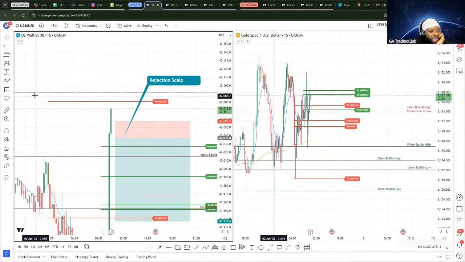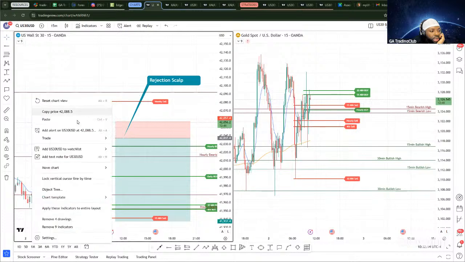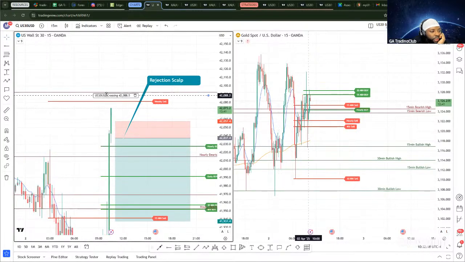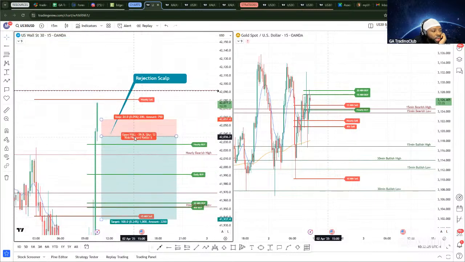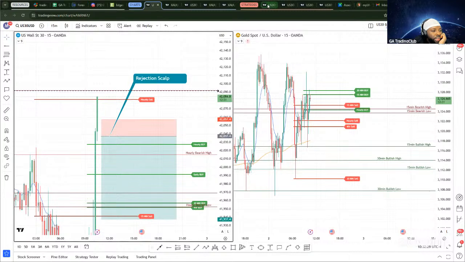0.81, let's see one last time, 0.91 point, but I really have to drop off 91.67 here. Add alert. Okay, let's see, 91.7. So same thing here, 79.80.